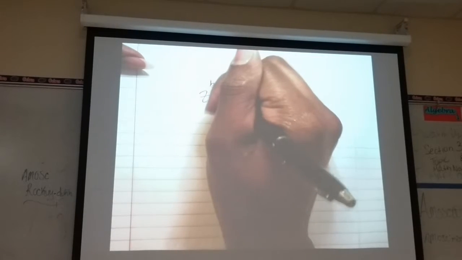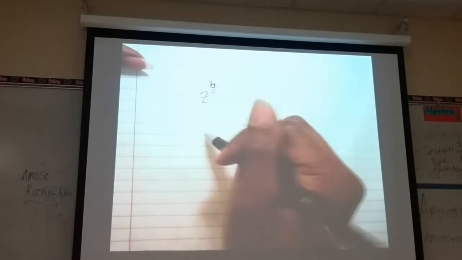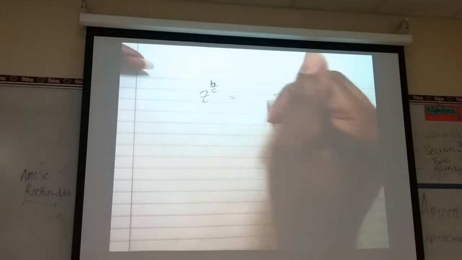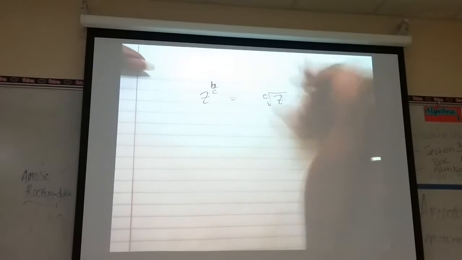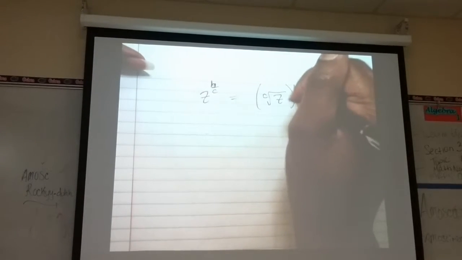Alright, and this is true whether they have numbers, letters, or whatever. So you may get something that looks like this, z to the b over c. It's the same logic. So this would be z. Whatever's on the bottom goes on the outside. Whatever's on the top goes here.